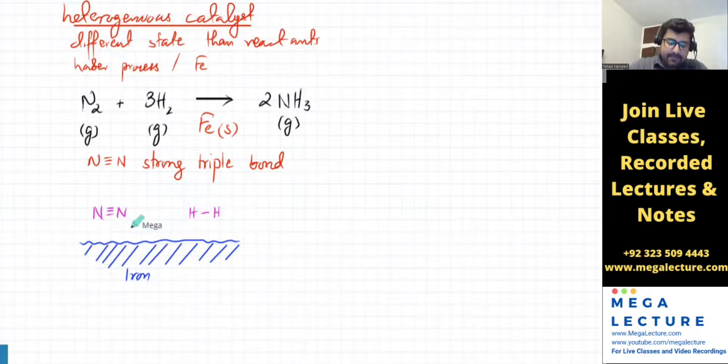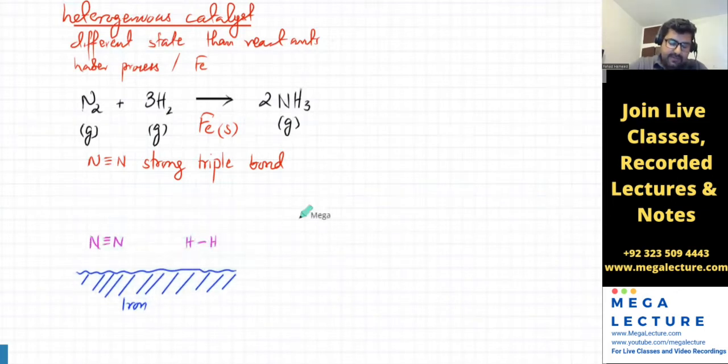They're gaseous, and both of them are flying around, and they would collide with the iron catalyst. So both the H2 molecule and N2 molecule are going to hit the iron catalyst. So why are transition metals good catalysts?